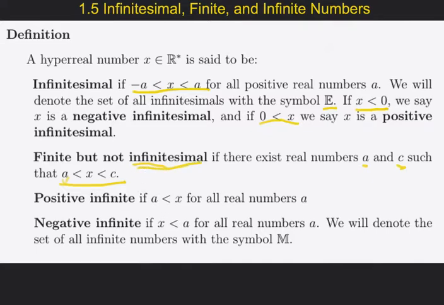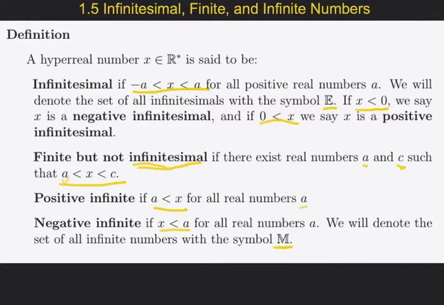Now, if we don't have an infinitesimal and we don't have a finite number, then our hyperreal is going to be an infinite number. Either it's positive infinite, which means it's bigger than every real number a, or it's negative infinite, meaning it's smaller than every real number a. We'll denote the set of all infinite numbers with the double script m.